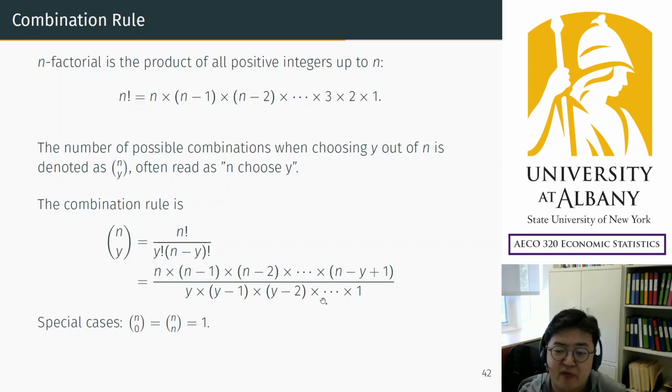So y numbers are multiplied in the denominator, excuse me. And in the numerator, actually the same number of multiplications, so n, n minus 1, n minus 2, down to n minus y plus 1, which is the yth number. So you are multiplying the same number of numbers in the numerator and denominator, but the starting point is different. In the numerator you start from n, and in the denominator you start from y.